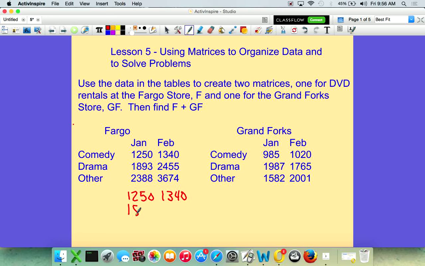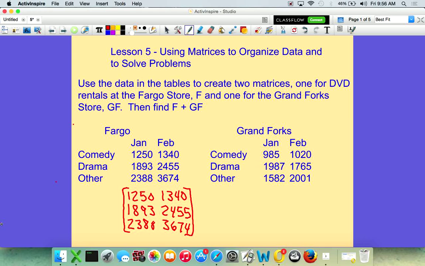Each row has something in common, which for this, the top row would be the comedy movies, the middle row is the drama, and the bottom row is all others. The columns also have something in common. As you can see, we have all the movies rented in January and all the movies rented in February. And then to show that this is a matrix, we put these square brackets around the outside of them. Okay, and that's all a matrix is.